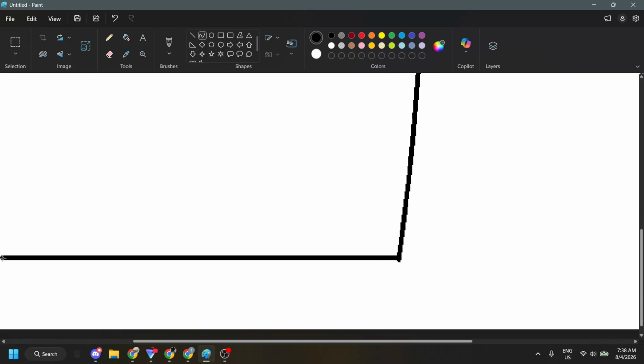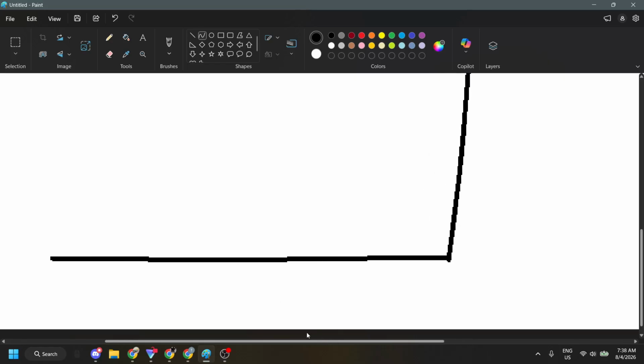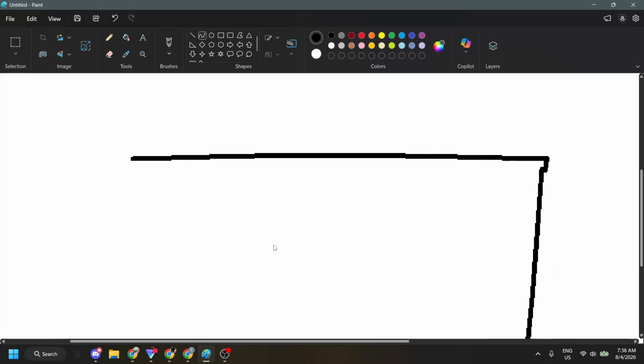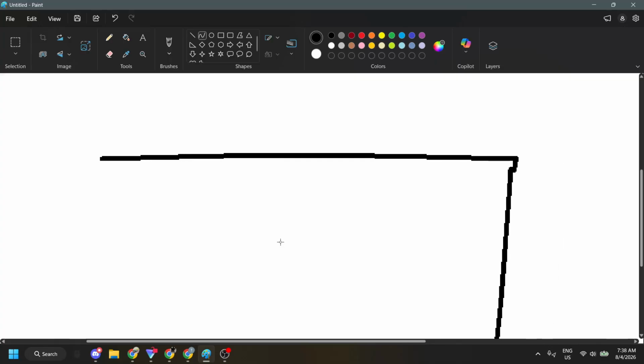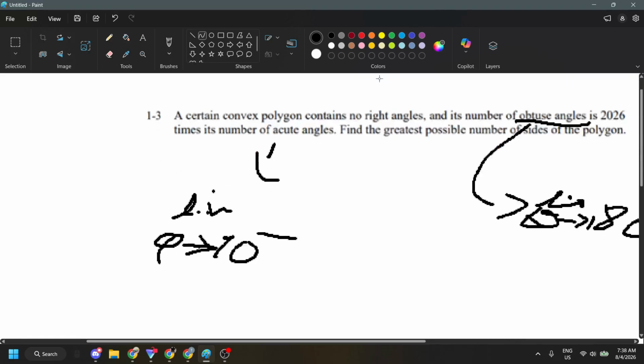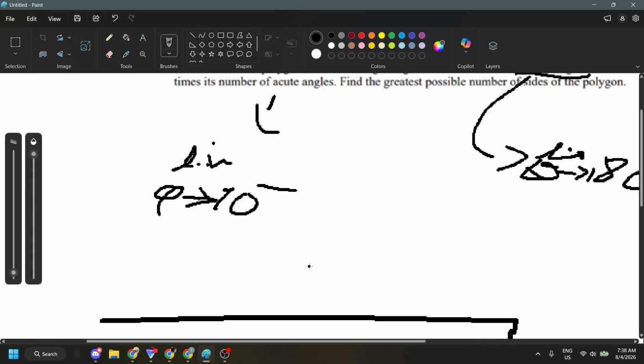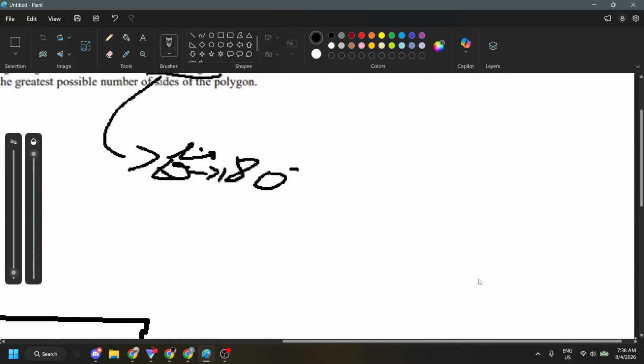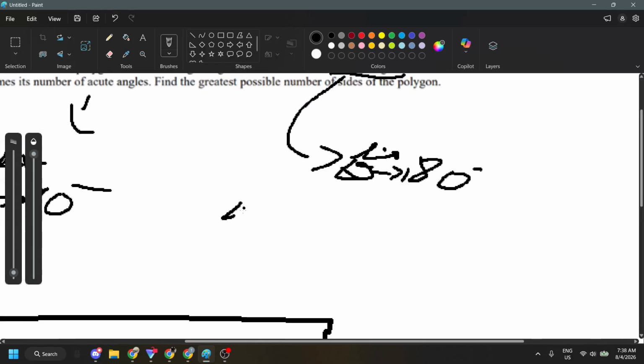We want this, but slightly curved. I think that's the largest we can have. I think the largest we could have is 4 times 2026.